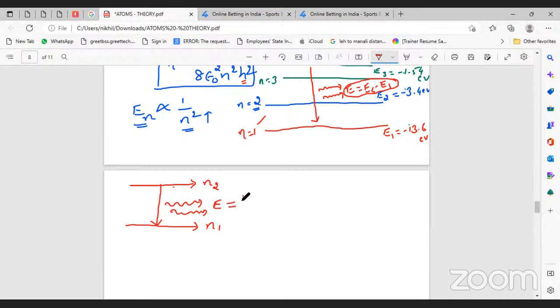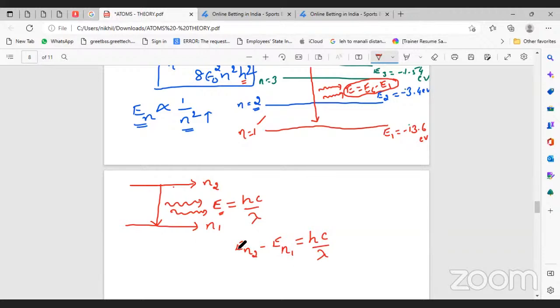That energy is given by the formula E is equal to hc by lambda. But what is this E? E is the energy in the higher orbit, that is n2, minus the energy in the lower orbit, that is n1. So En2 minus En1 is equal to the energy, that is hc by lambda.